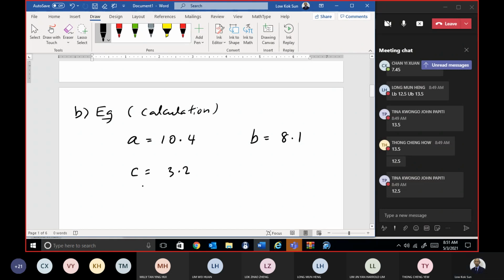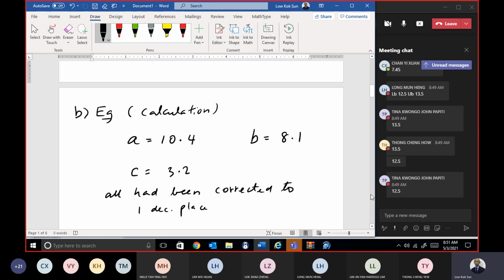Now, all of them have been corrected to 1 decimal place. So you have to find out what the upper bound and lower bound are.